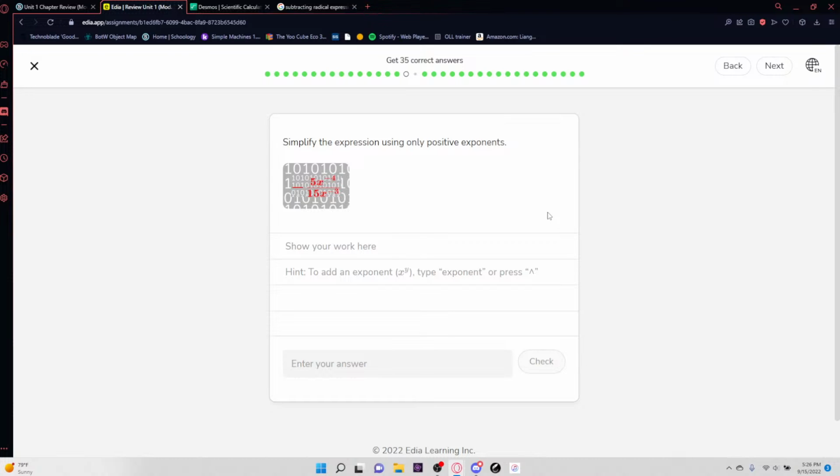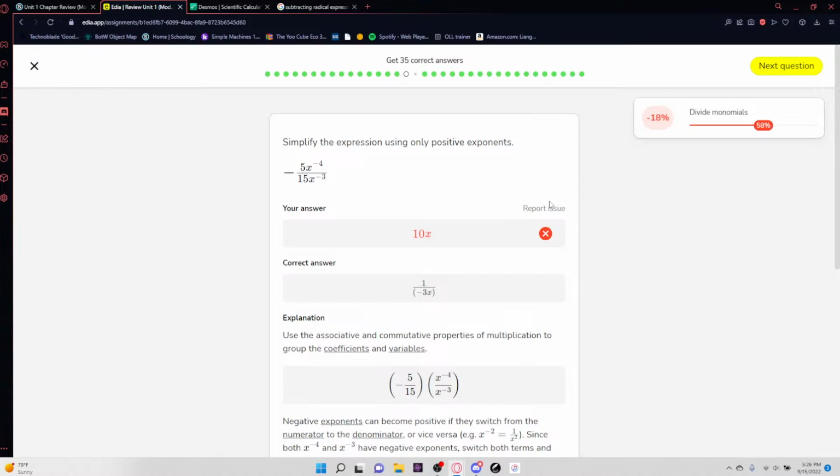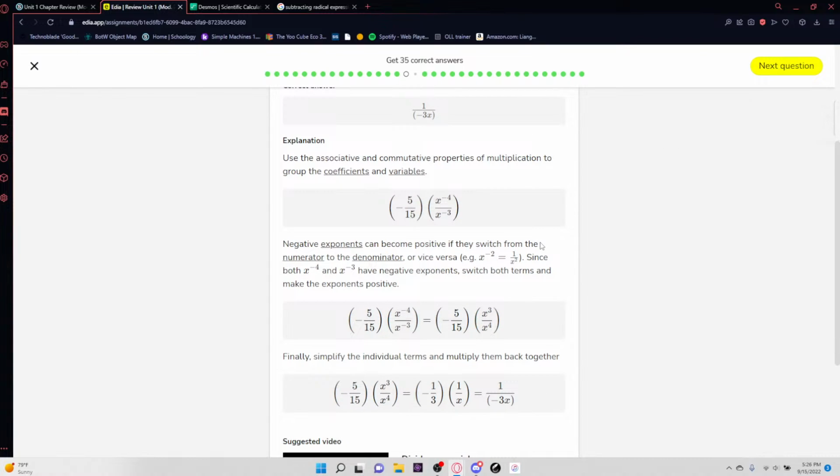Okay, so it'd just be negative 10x. No? Oh no, it'd just be 10x because of the negative exponent. No? Oh, what the frick?